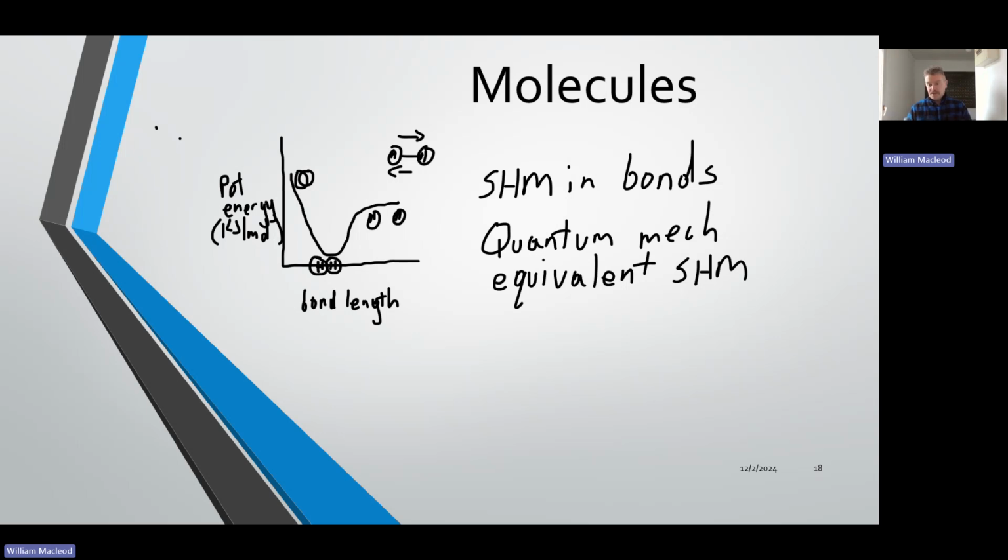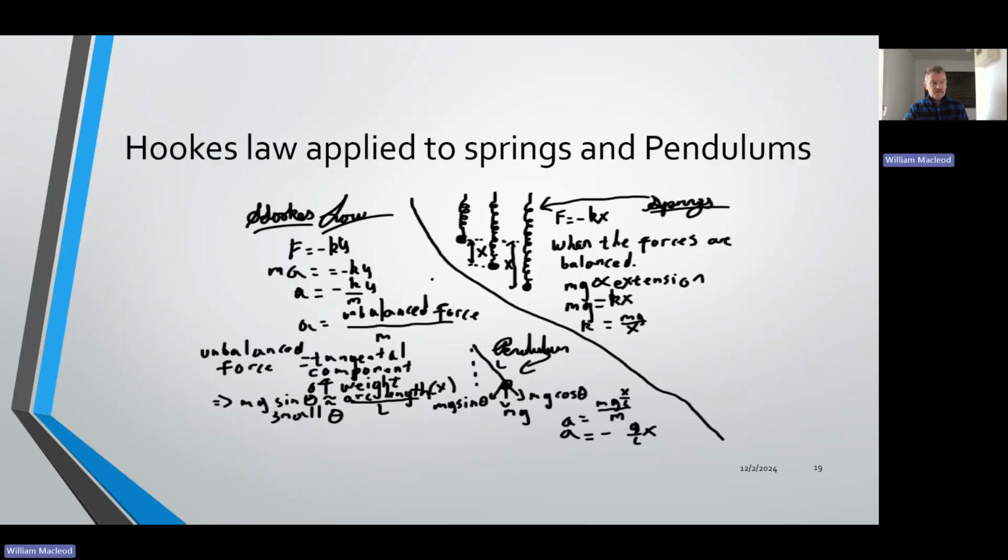In fact, that would have applications in the Schrödinger equation and working out the energies for vibrating molecules and the energies in molecules. So that's one application of it in quantum mechanics.